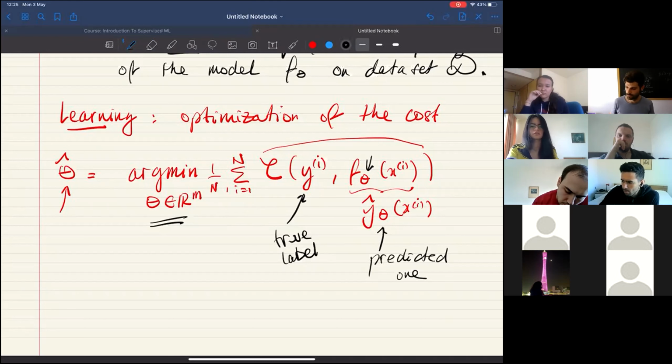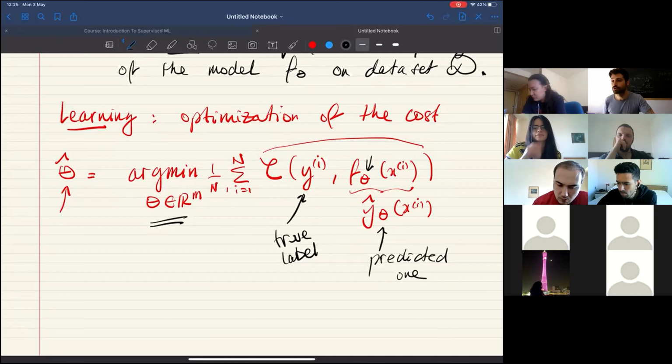And for almost every algorithm, we do the same. Whatever algorithm you want to think of, if you are doing linear regression that we will discuss at length, or much more advanced machine learning techniques such as neural networks, the problem will always be in this form, in the sense that you will define a hypothesis class.